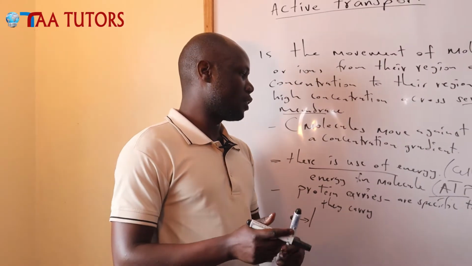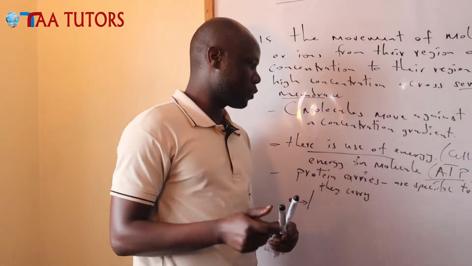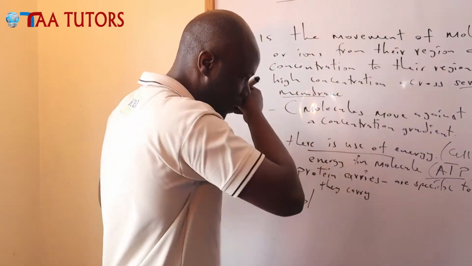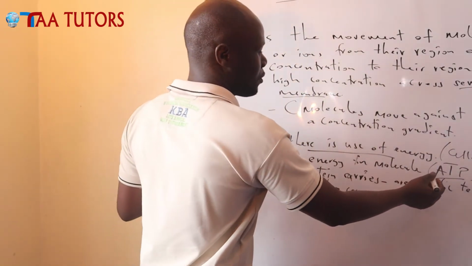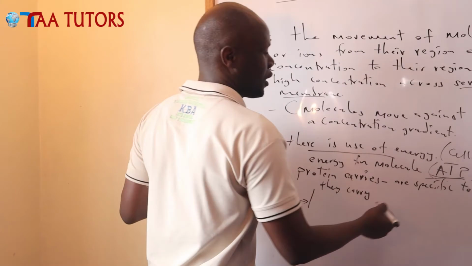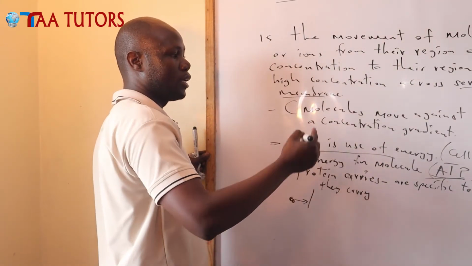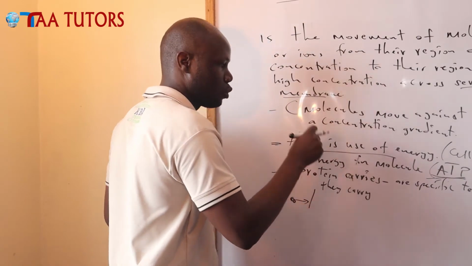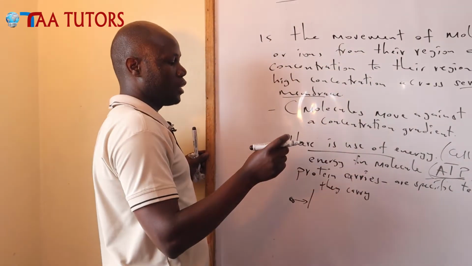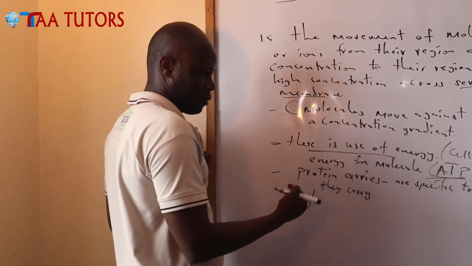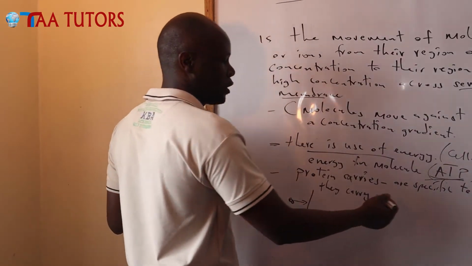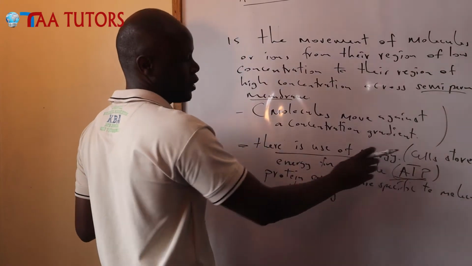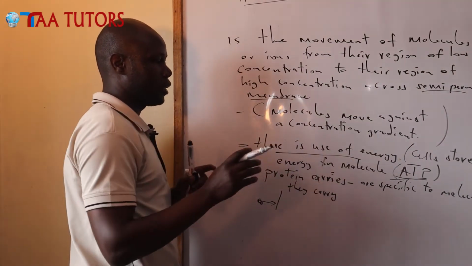So during active transport, we also need on the surface a molecule that can break the adenosine triphosphate so that it releases the energy to help the protein carriers move. What needs the energy is the protein carrier so that it can move. The source of energy is adenosine triphosphate, and it cannot just work the way it is. It has to be broken down so that it can release the energy.